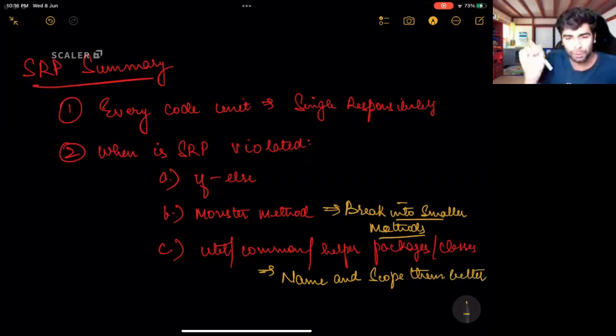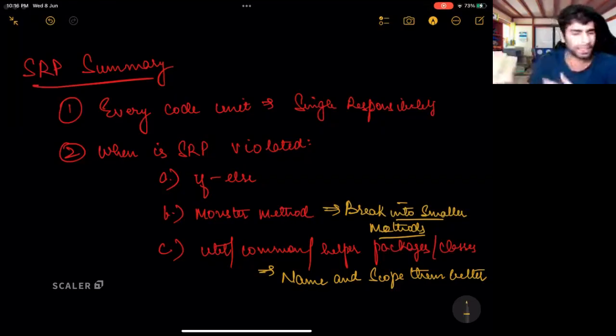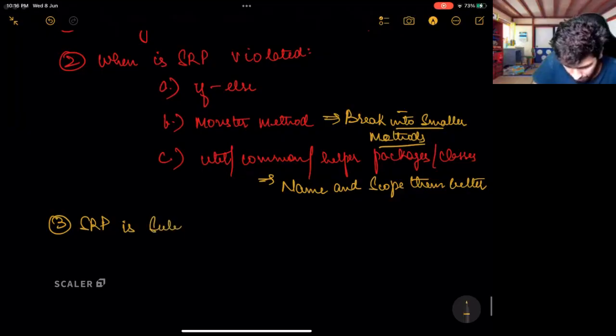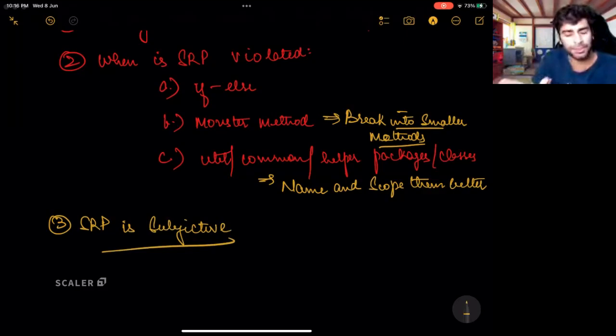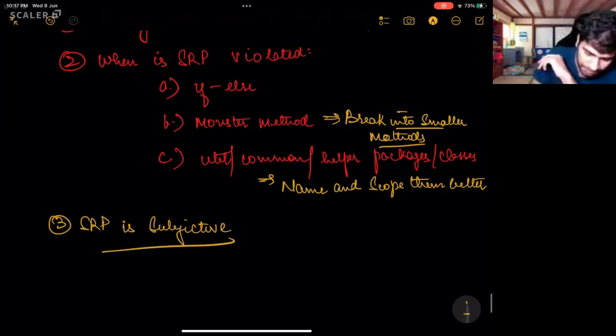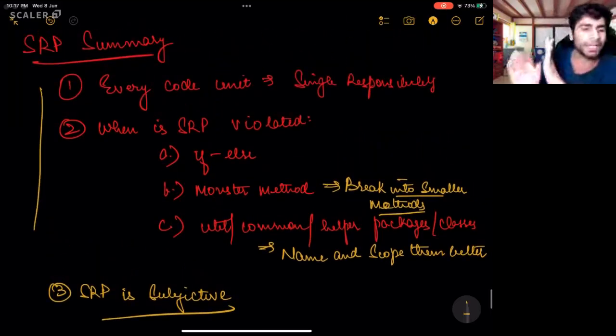Yes, Kishan, in legacy code it's often difficult to manage. The most important point was that SRP is subjective. Two people might have a different opinion, so please use common sense. Please try to understand where someone else is coming from, where their thought process is coming from. If you think it will not complicate the design in future, it is okay to have these things sometimes when the impact is small. Is that okay?